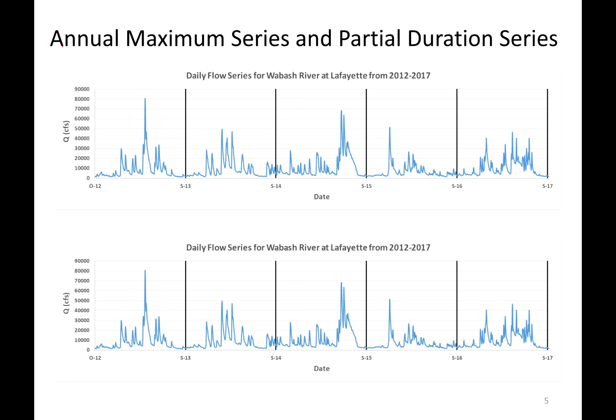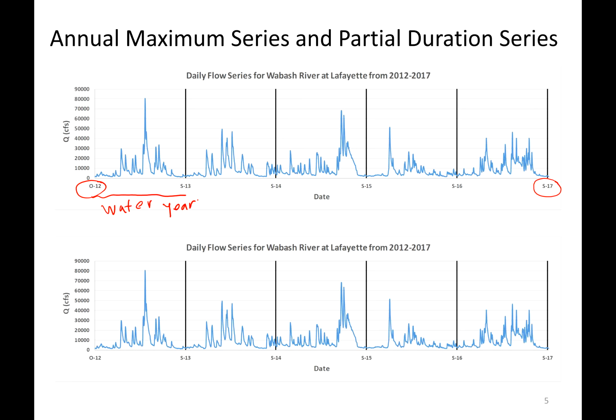What I'm showing here is 5 years of data from 2012 to 2017. Okay, and the year that you see here from October to September, this is a water year. So it's not the calendar year that starts from January and ends in December.